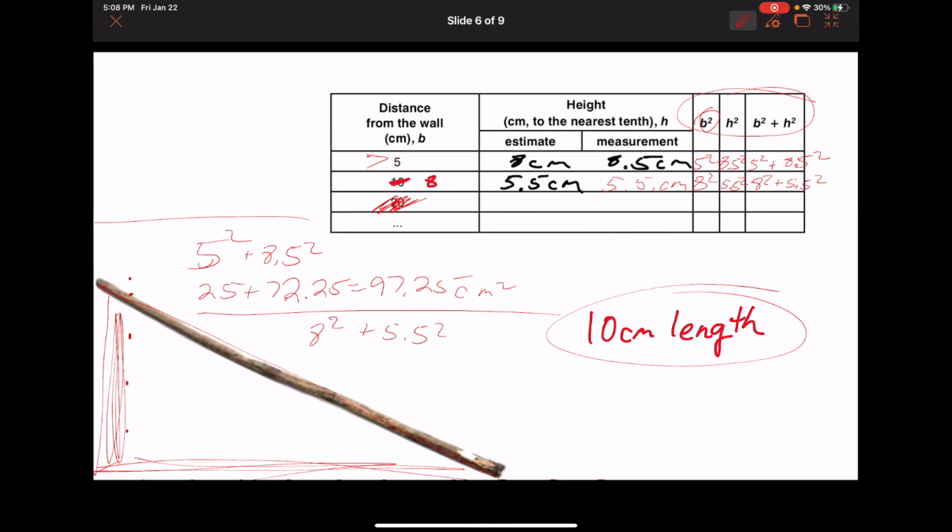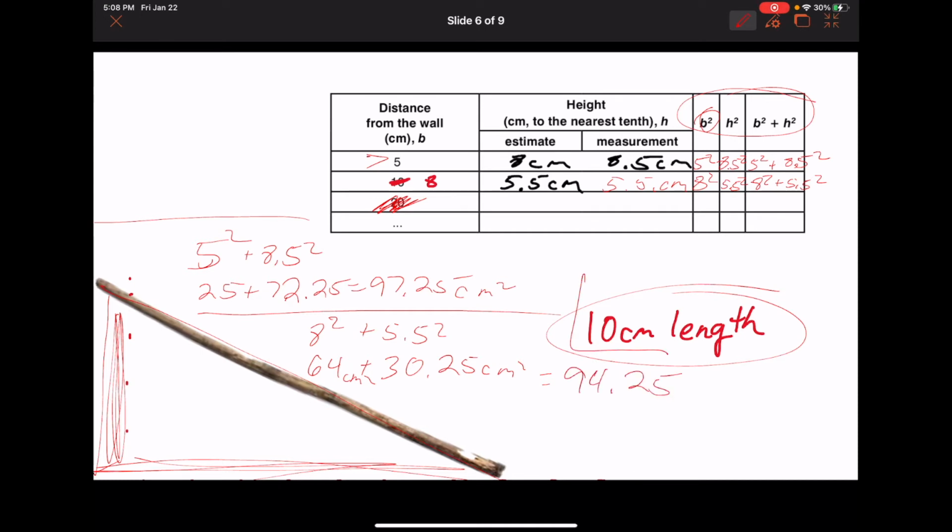This is going to be 8 squared, I know is 64, plus 5.5 times 5.5, that's going to be 30.25. These are centimeters squared. Okay, and then I'm going to add these together, and that is 94.25.